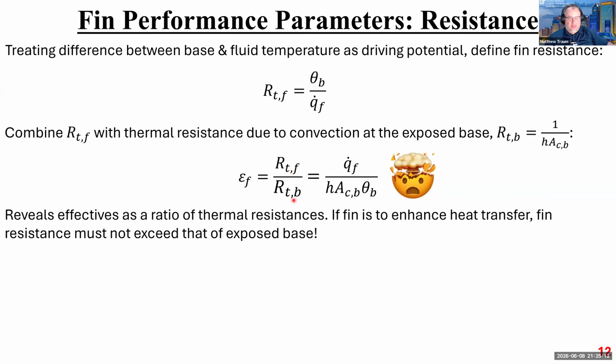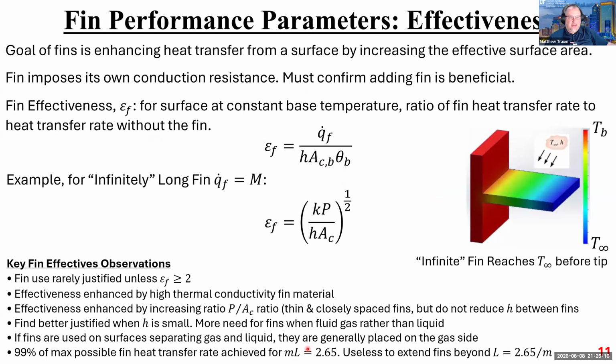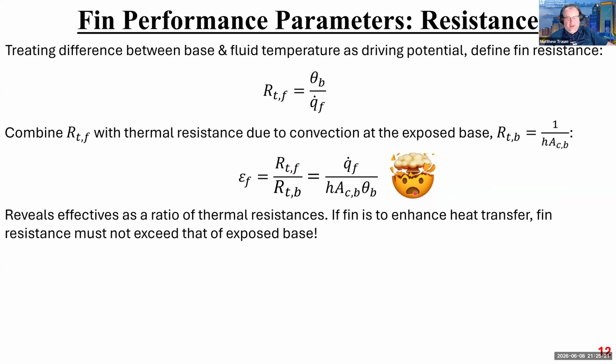And if you actually plug in the numbers, you get the exact same expression that we had before for fin effectiveness, right? So that's why I've got my little exploding brain here, because I think that's a very cool way of thinking about it. It's just a ratio of resistances, the resistance that the fin presents in the numerator and the resistance that the little section of the surface that's getting cooled presents in the denominator, right? Just a neat way of thinking about it, I think.